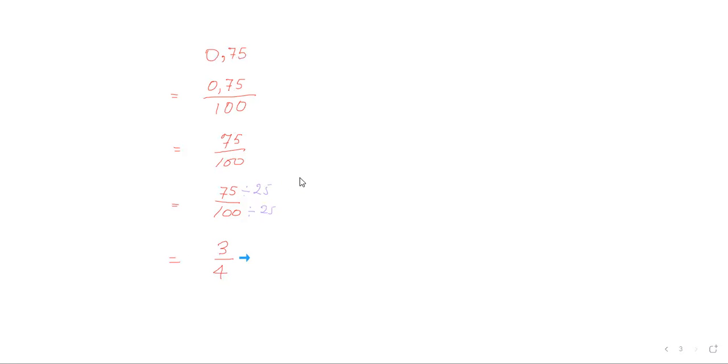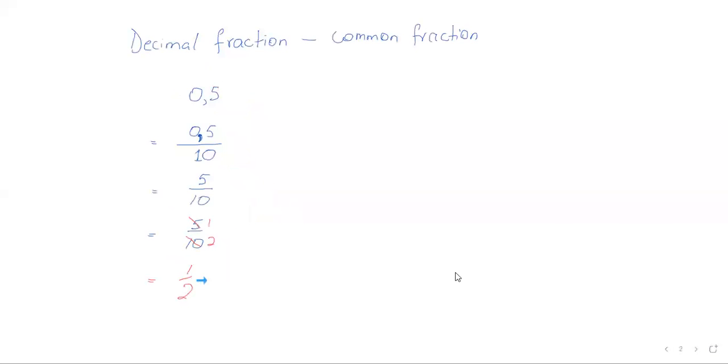Let's go and have a look at 0.125. Against this comma, we put a 1, a digit, and that becomes 125 over 1,000. 25 goes there 5 times.